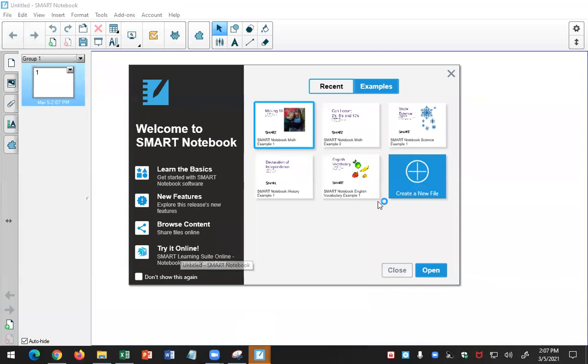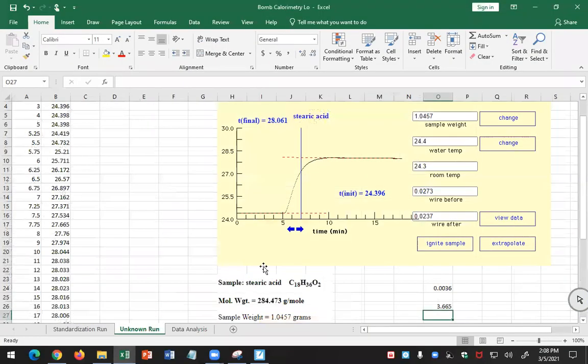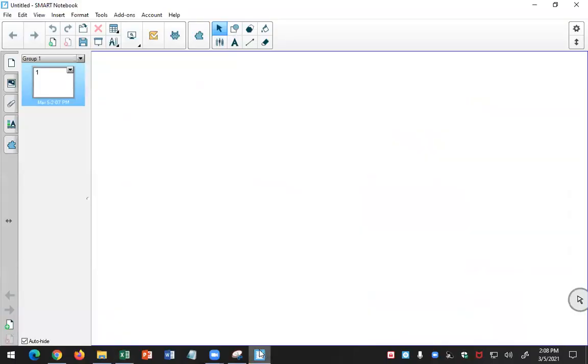What's the formula of my stearic acid? My stearic acid is C18. Stearic acid is C18H36O2. Okay?